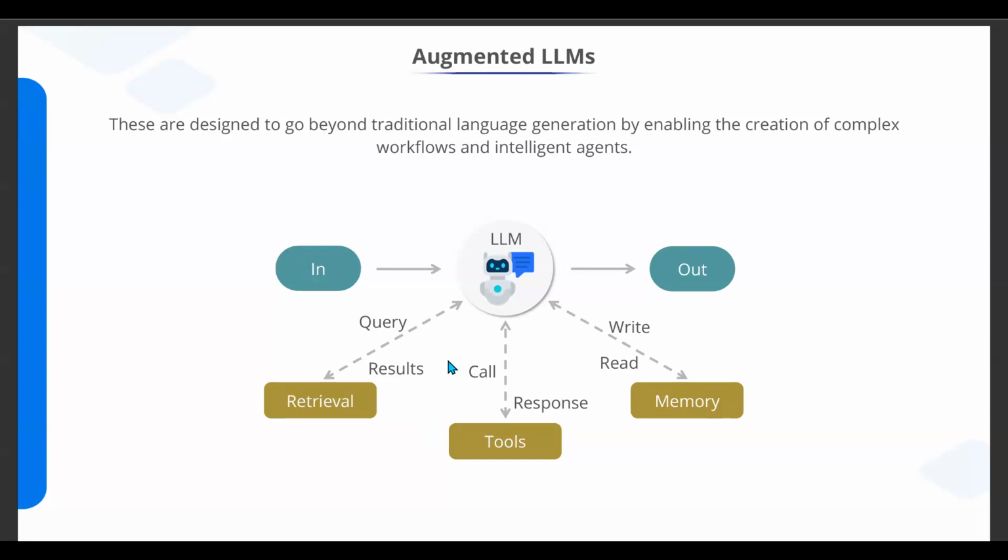If you ask a query like, find the latest sales report and summarize it, the LLM issues the query to the retrieval and takes the results. The retrieval system will search the company database, document storage, and knowledge base, and it returns the relevant document.